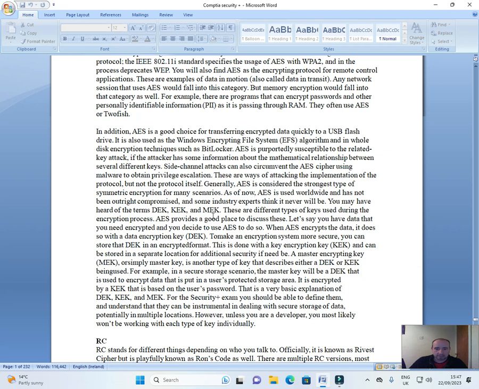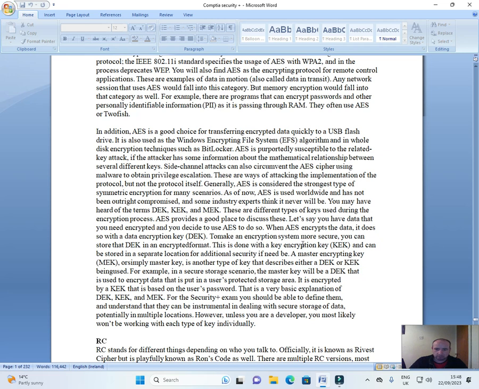You may have heard the terms DEK, KEK and MEK. These are different types of keys used during that encryption process. AES provides a good place to discuss these. Let's say you have data that you need encrypted and you decide to use AES to do so. When AES encrypts the data, it does so with a data encryption key, DEK.